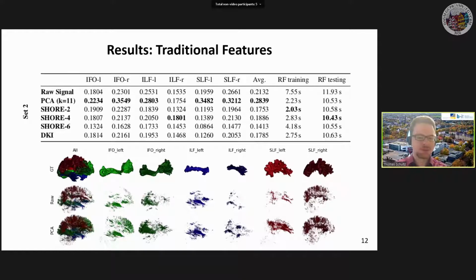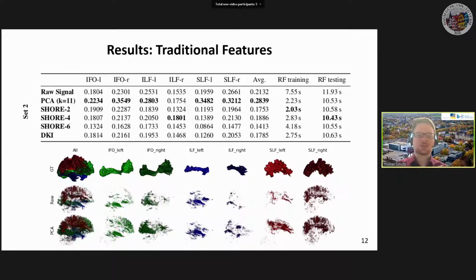Now, if we look at the bottom of the slide, you can see a visual comparison of the results. I would say that none of these results are really satisfactory yet. Of course, the reason for this is that with all of these features, we're still using purely per-voxel information, whereas it's quite natural that for a more reliable segmentation, we would have to also account for spatial neighborhoods.